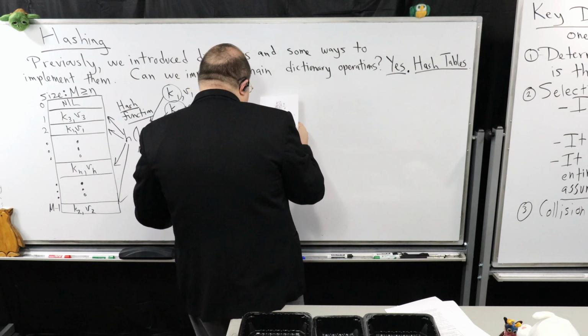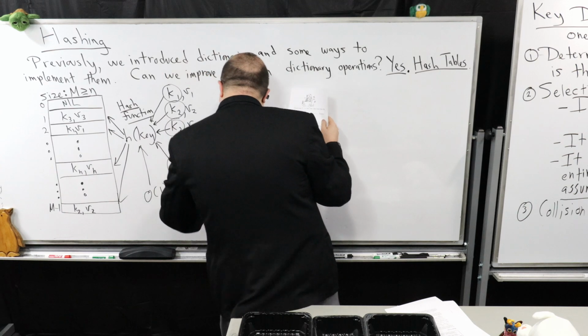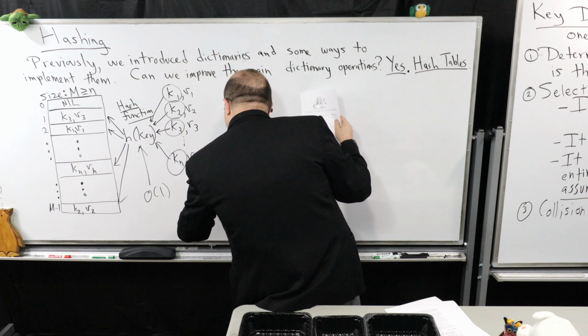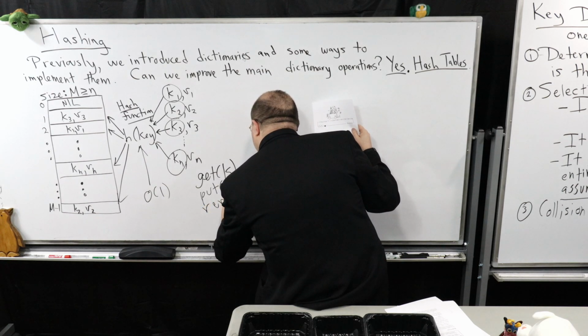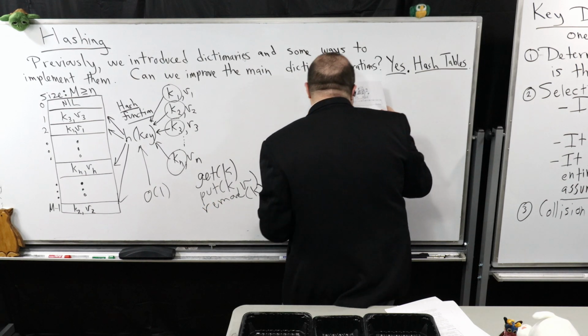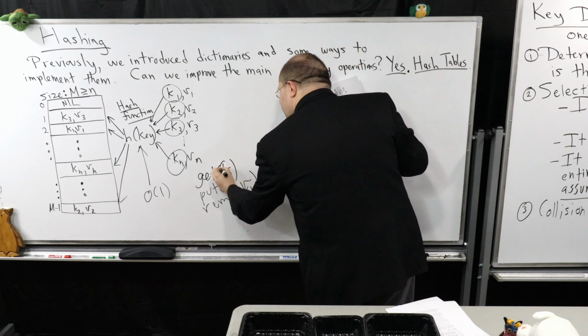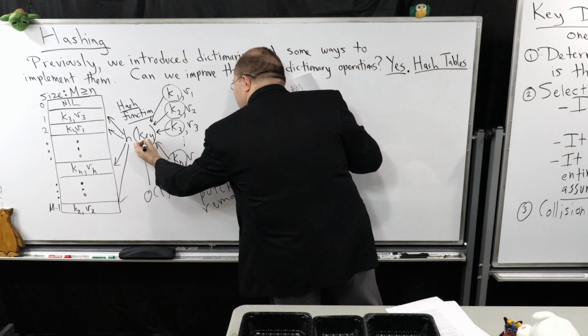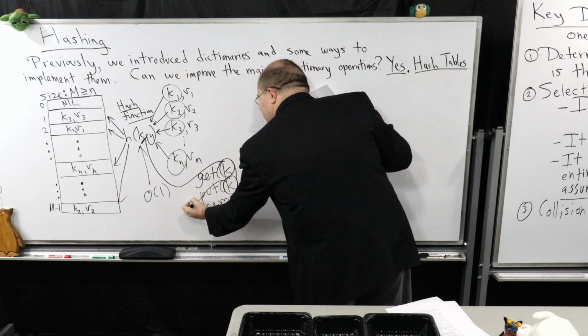Here's what I'm going to try to accomplish. Remember, I have get, I have put, and I have remove. These are my 3 primary dictionary operations. Whenever I want to use the hash function, I just take this key, feed it to the hash function, and it tells me where it goes. Same idea with put.